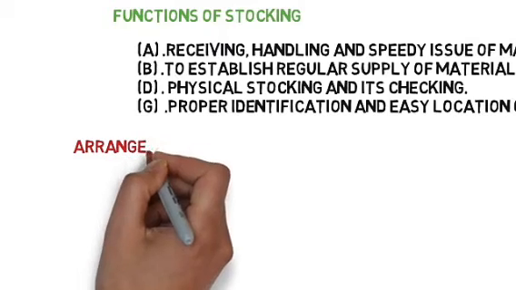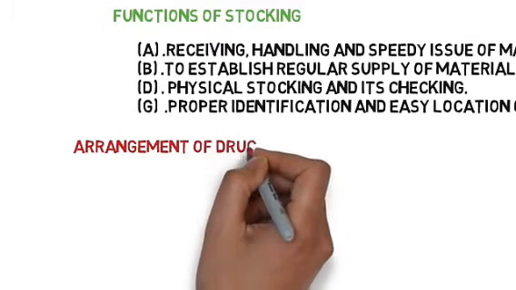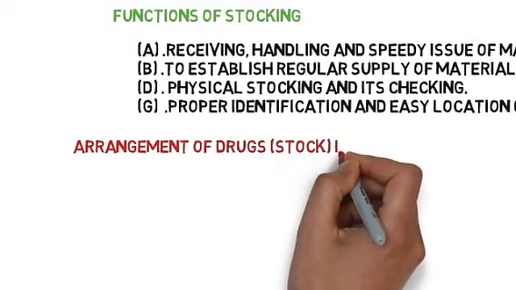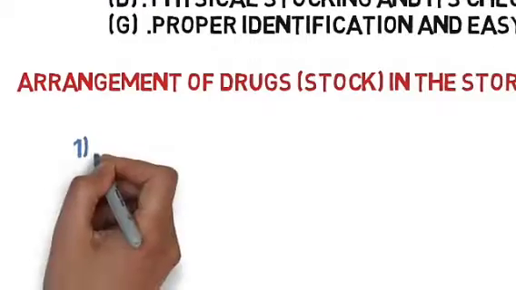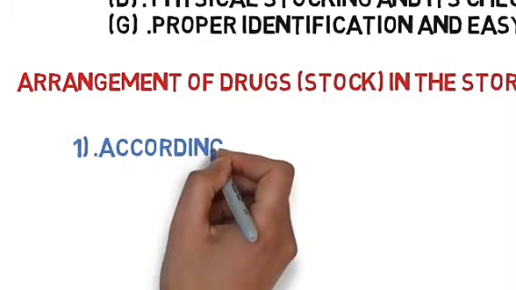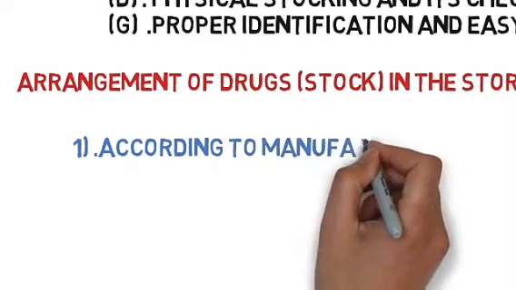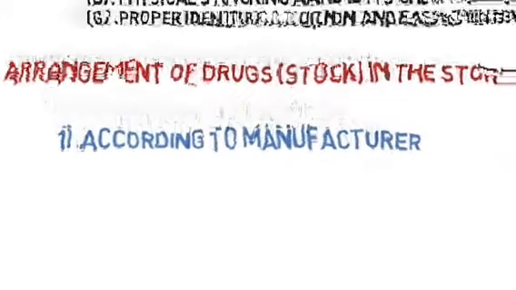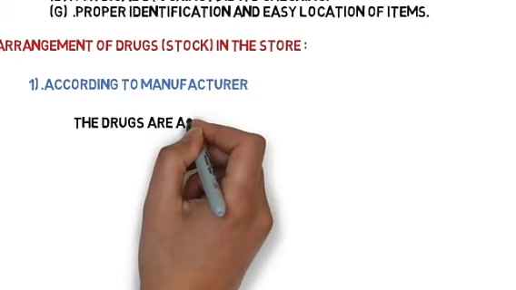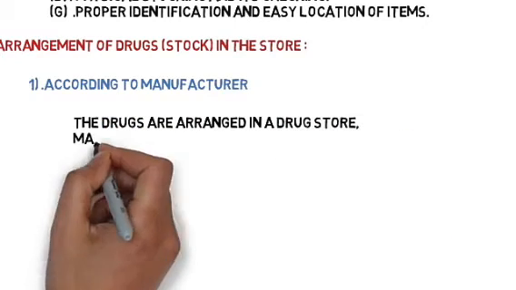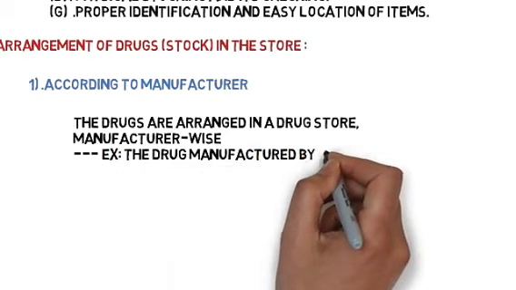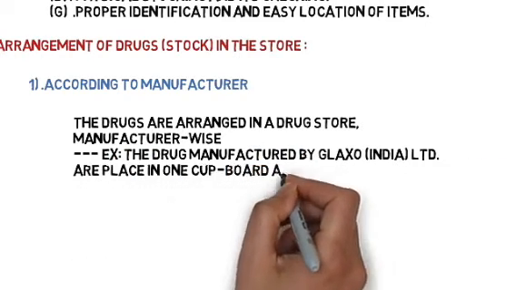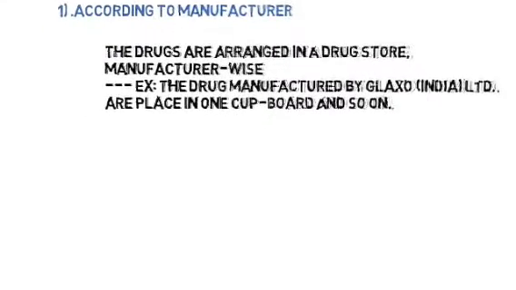We will discuss arrangement of drugs in the store. So in that, first one, according to manufacturer. In that, the drugs are arranged in the drug store manufacturer wise. Example, the drugs manufactured by Glaxo Limited are placed in one cupboard and so on.